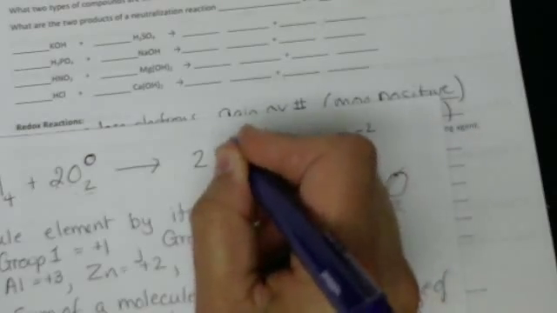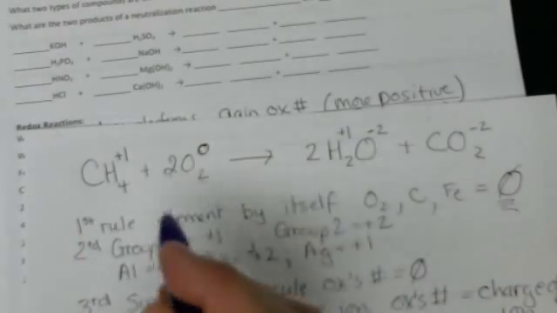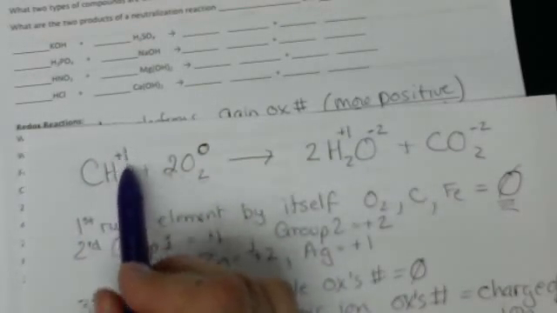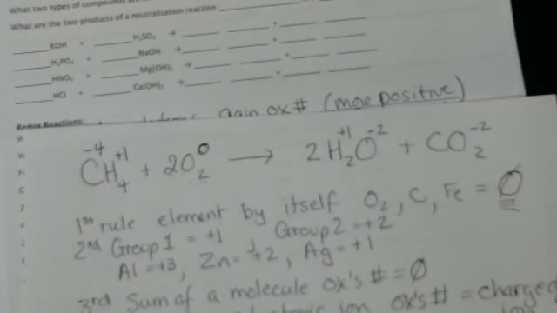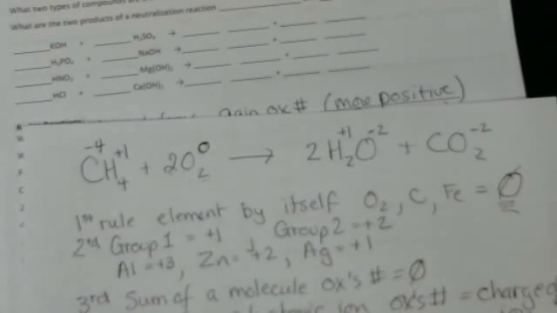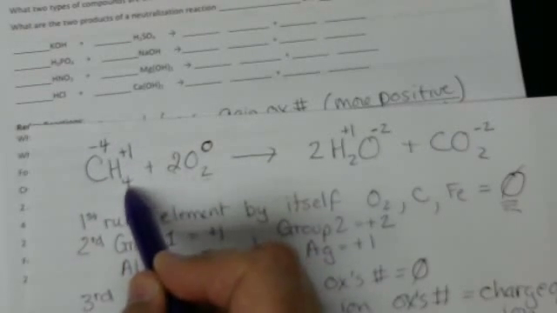Okay, let's look at hydrogen, normal state, +1. Still +1 over here. That means if he's a +1, this carbon has to be acting like a -4. Does that make sense? He's a +1, and there's 4 of him. So we have to balance.